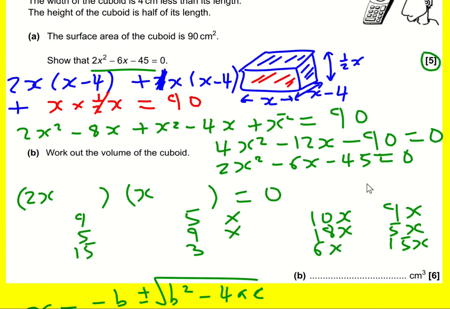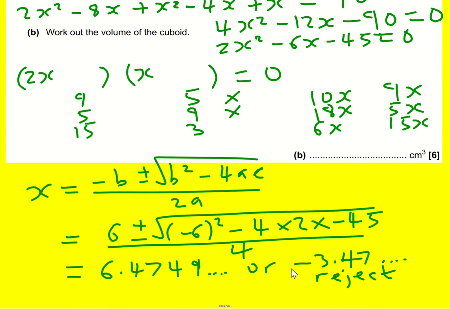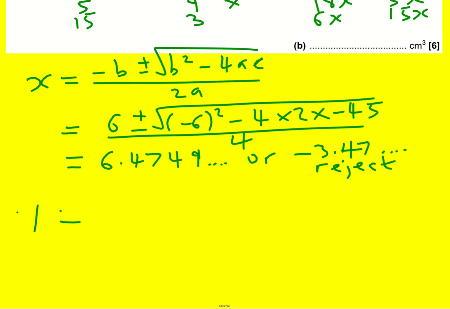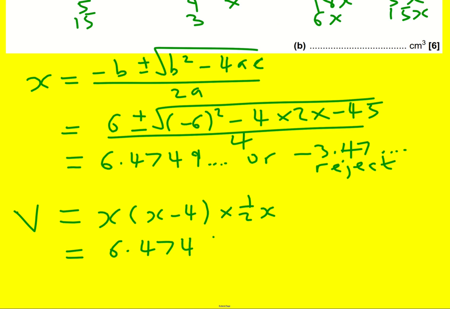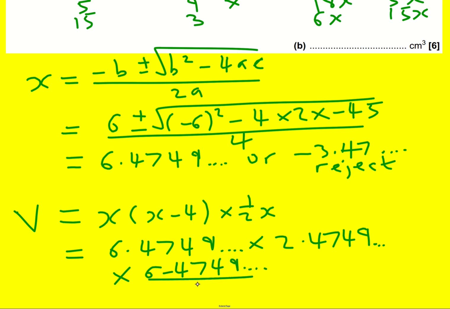So we're nearly there now. We've got what x is. The volume is going to equal x times x minus 4 times a half x. So it's going to be 6.4749 times 2.4749 times 6.4749 divided by 2.